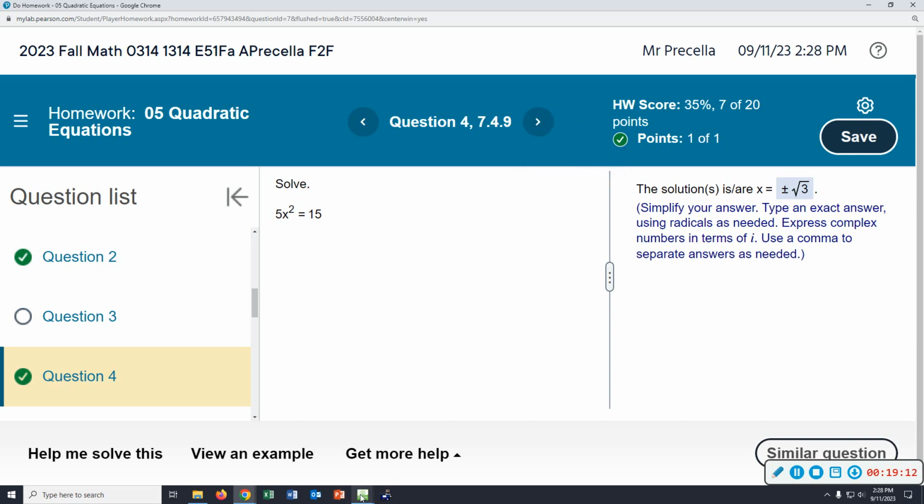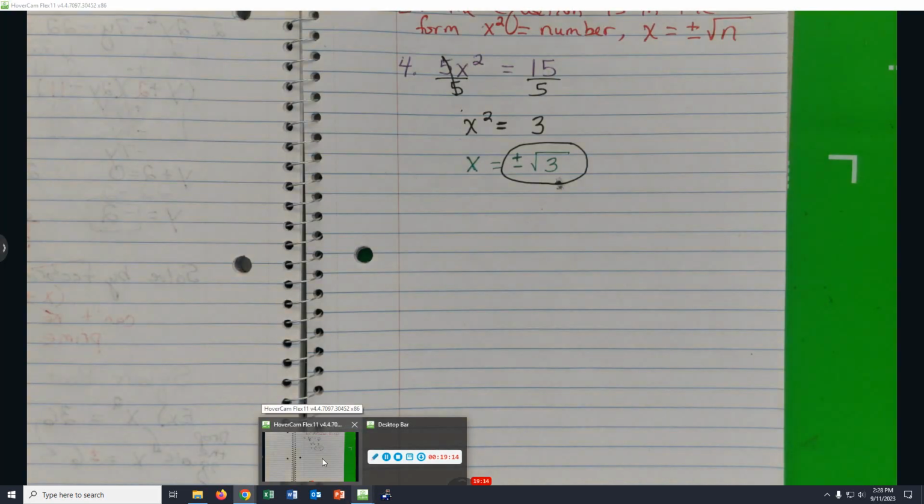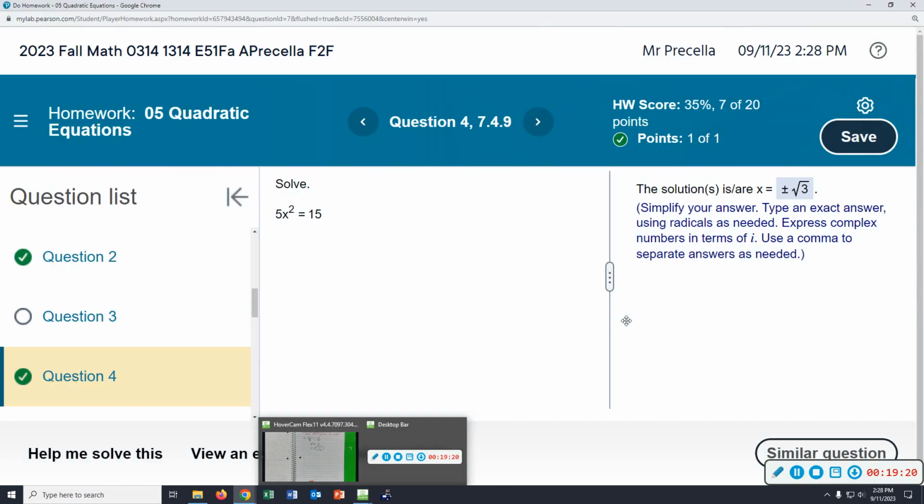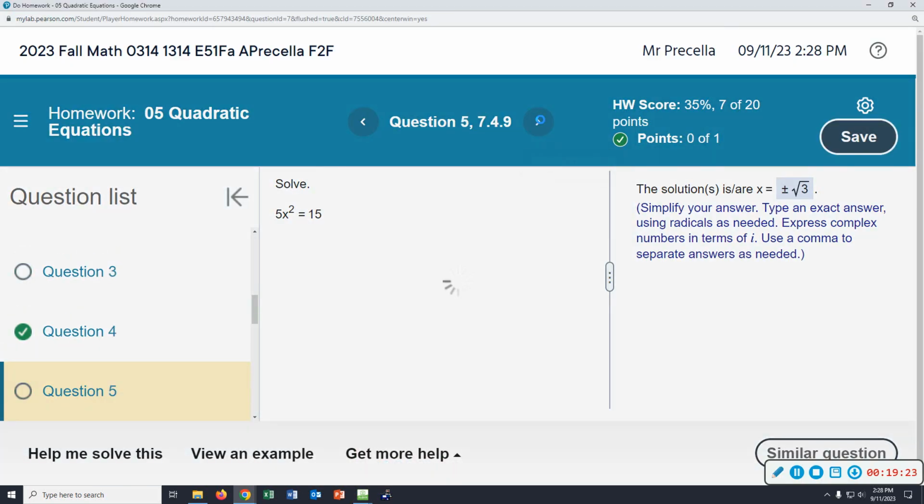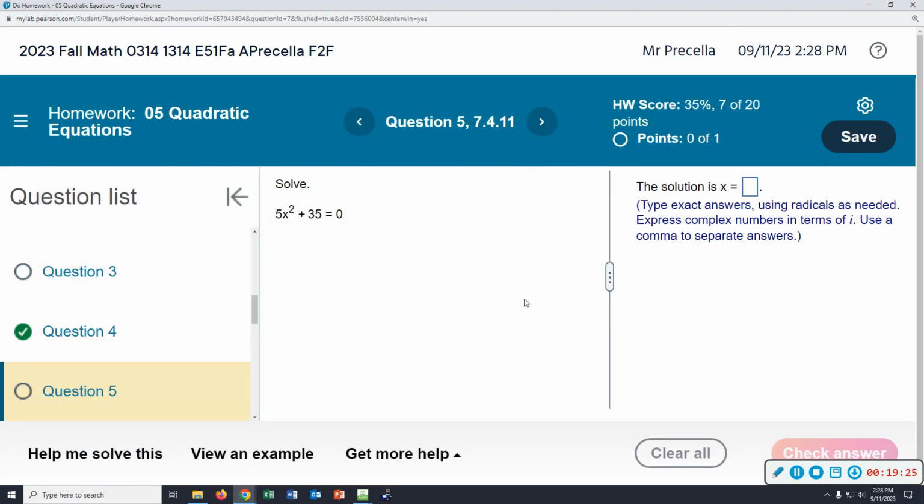Any questions there? See what I did? So you've got to have it in that particular form, x squared equals number. So let's see. Oh, well, look at number 5. It's not in the form x squared equals number, is it?